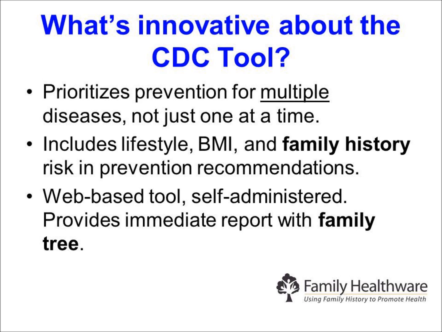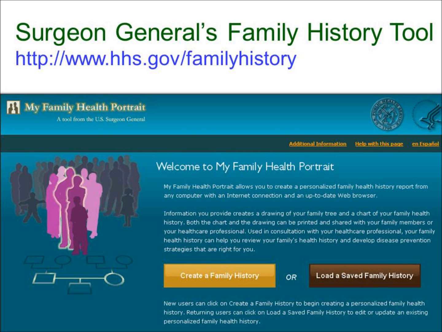The nice thing about all these is that the person may need to go through a lot of work to do it, but immediately up on the screen they get their report. And we think that's a draw. I have the Surgeon General's Family History Tool listed here because it's available to you right now. You can go to the web, try it out, and National Human Genome Research Institute and other parts of NIH are busy right now reprogramming it.